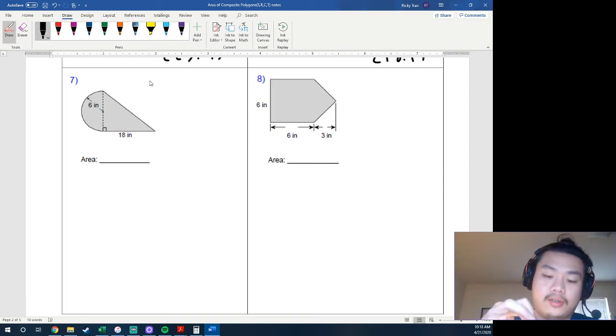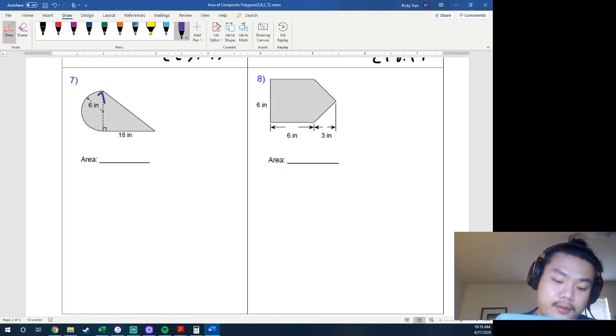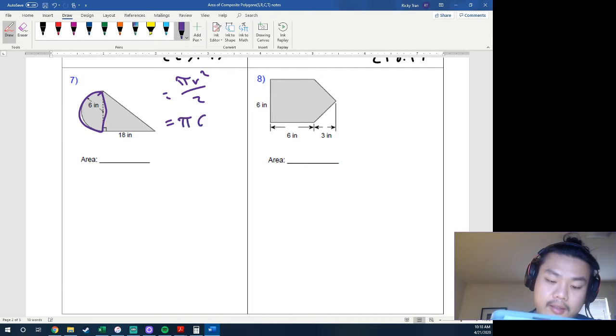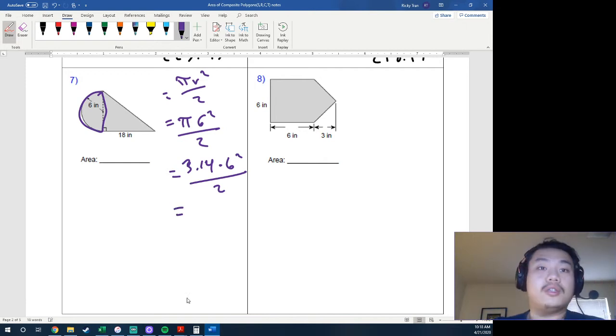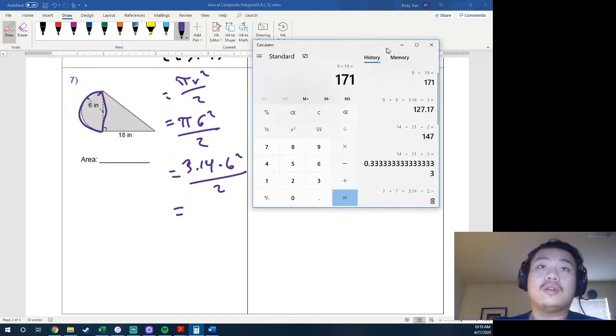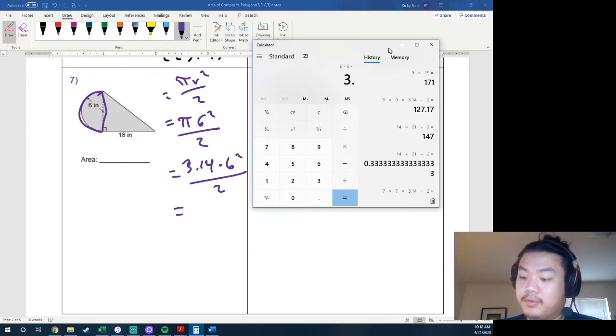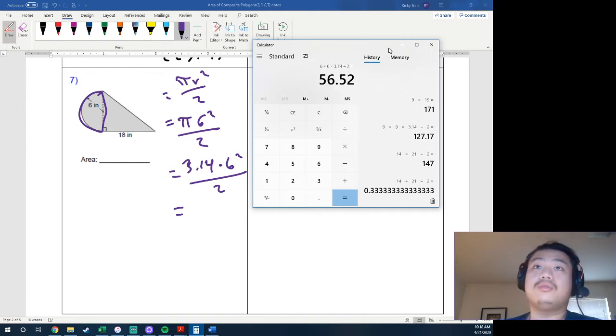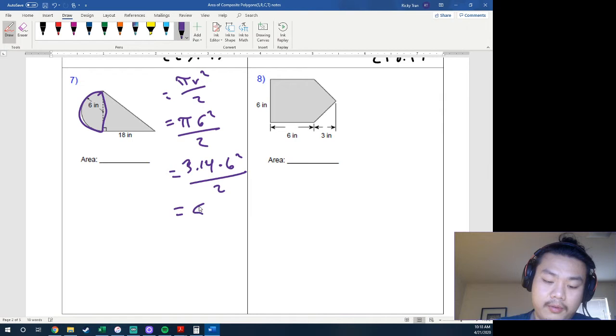All right, again, solve for the semicircle first. Okay, so pi r squared divided by 2. Then we have pi 6 squared divided by 2. So 3.14 times 6 squared divided by 2, which is 6 times 6 times 3.14 divided by 2, 56.52.